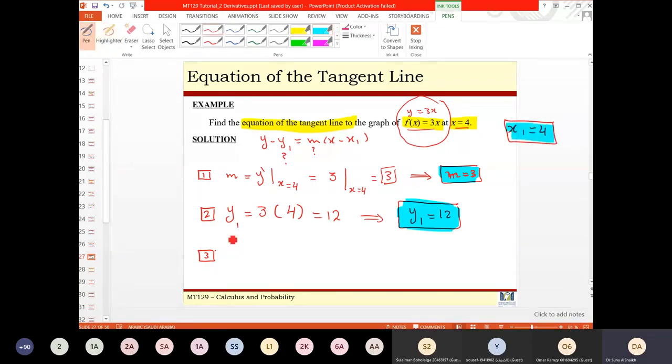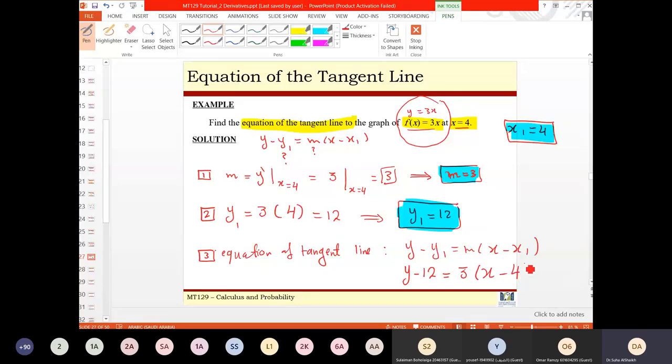So to find the equation of the line, so the equation of the tangent line now, is y minus y1 equal to m في ال x minus x1. So it is y minus 12 equal to the m, which is 3, x minus x1, which is 4.